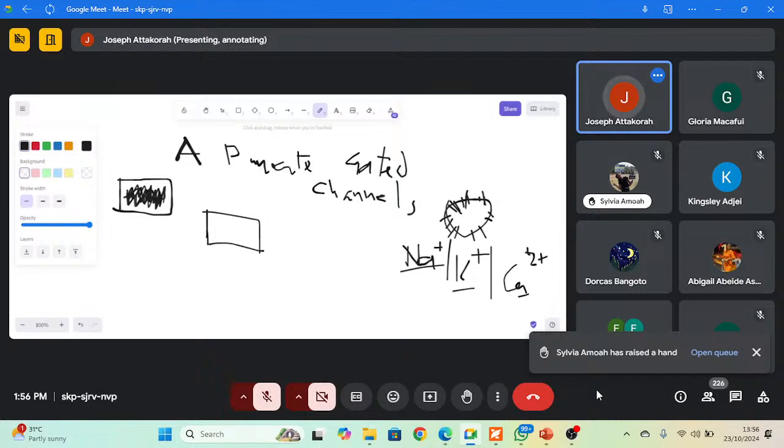So these are the channels, and there's a movement of ions in and out.